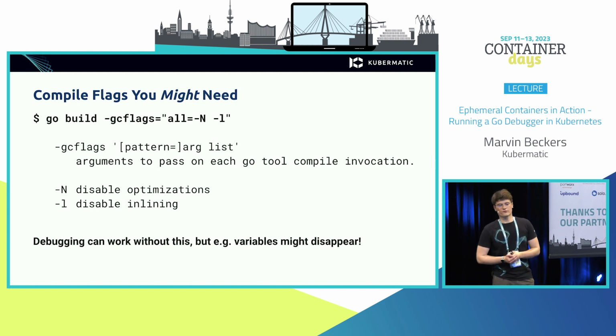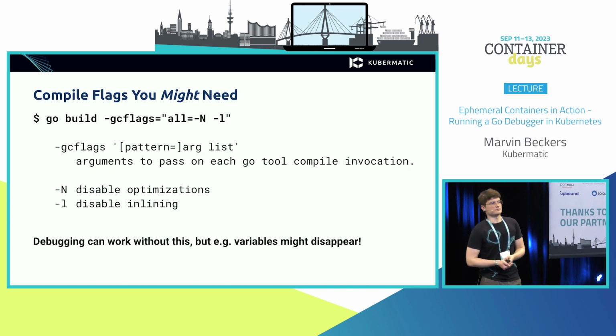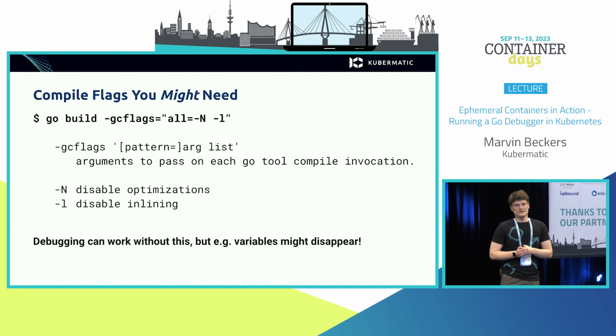So if you have trouble with this, you might want to have a specific debug build that sets these flags. One is disable optimizations, and the other one is disable inlining. So the compiler compiles your code as you give it to it, but that usually means it's less efficient, because usually the compiler knows better than we do. That's essentially what you might want to keep in mind.